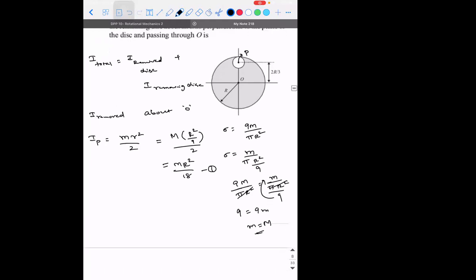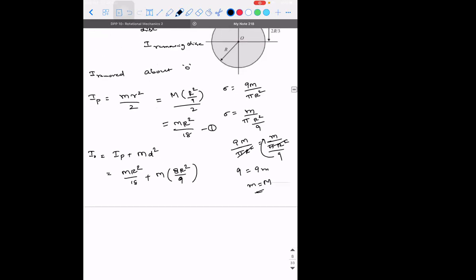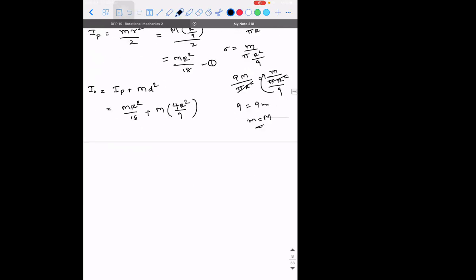Now the question is, what is the moment of inertia of the removed disk about O? It is the moment of inertia about point P plus the mass of the disk that is removed into the distance square. So M into 2r by 3 whole square, so 4r square by 9. If you take LCM, you get 8 plus 1, 9 Mr square divided by 18.